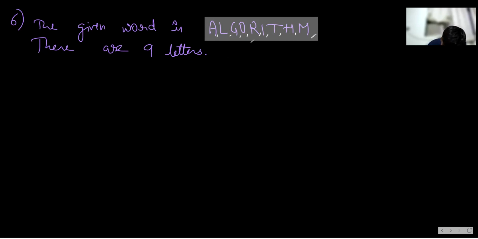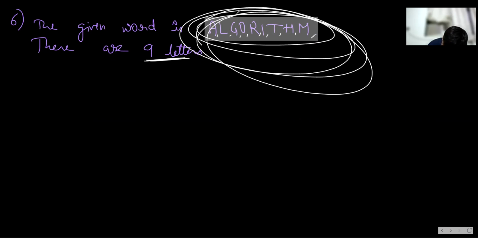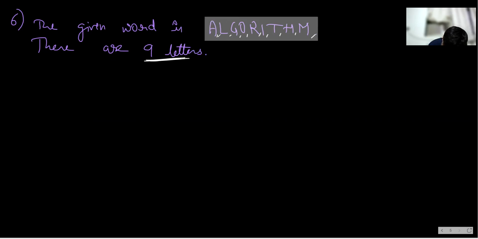Now, when they say in how many ways these letters can be arranged, they are simply asking that there are 9 letters and you have to arrange all 9 letters amongst themselves. What does it mean? It means you have your ALGORITHM.